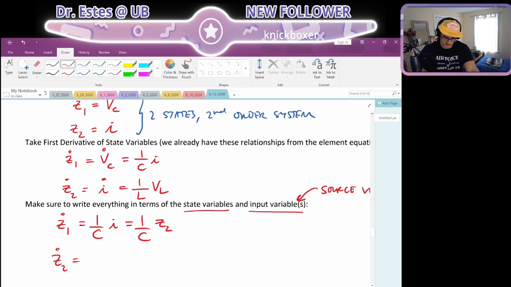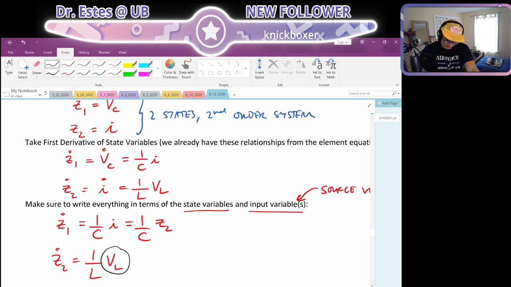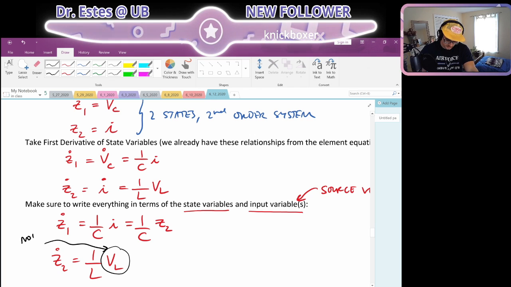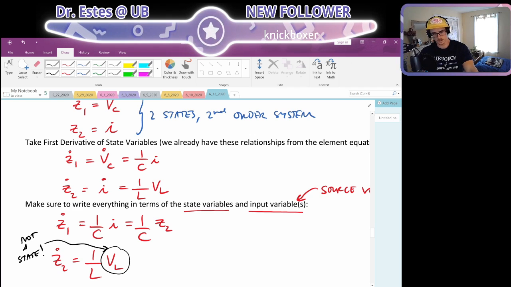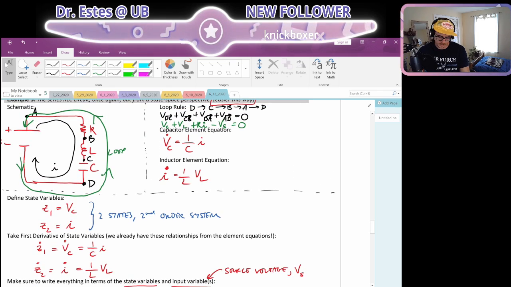Then Z2 dot is 1 over L VL. But here's the problem. VL is not a state. So what the heck are we going to do? Look up here. We're going to go back to our loop equation.